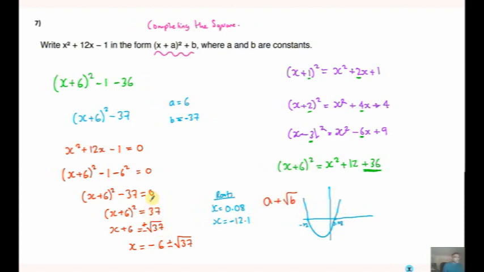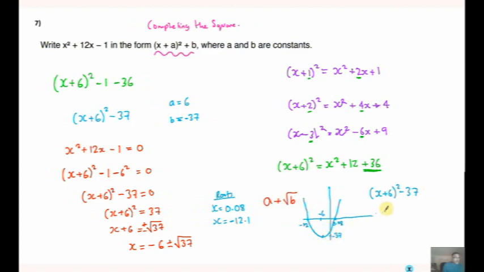And in the completed square format, where I've got it written here, x plus 6 squared minus 37, the number in the bracket, the opposite of that, so instead of plus 6, minus 6 will be your x value for the minimum point. So that's minus 6 right there, and then the minus 37 tells you your y coordinate.